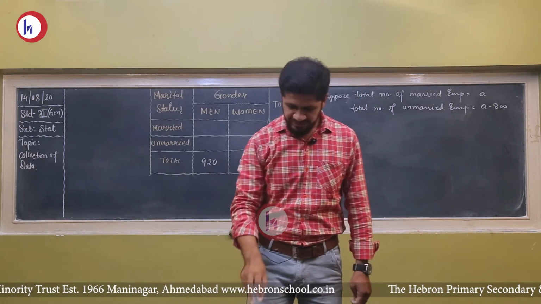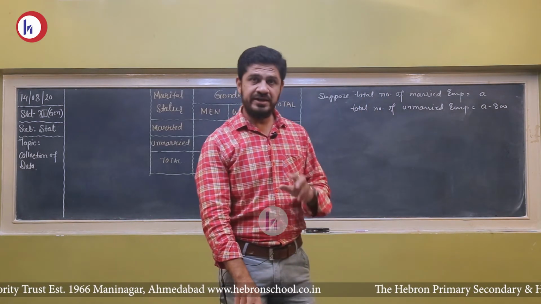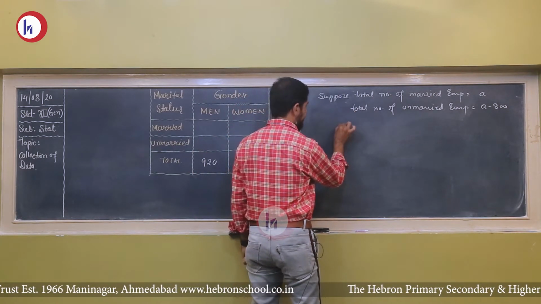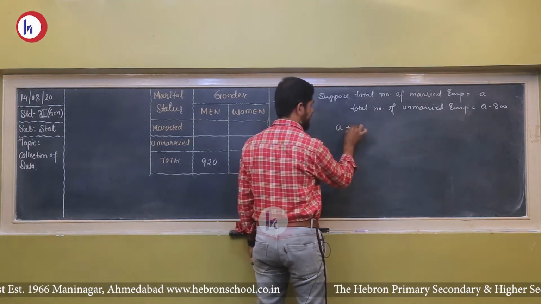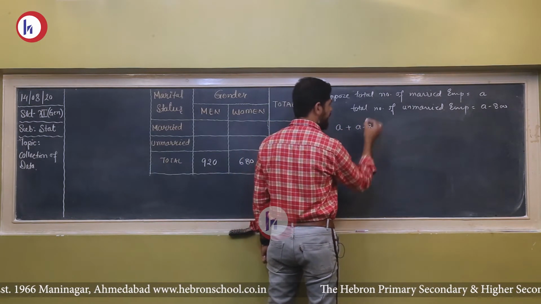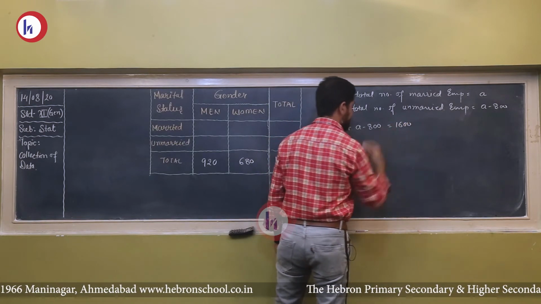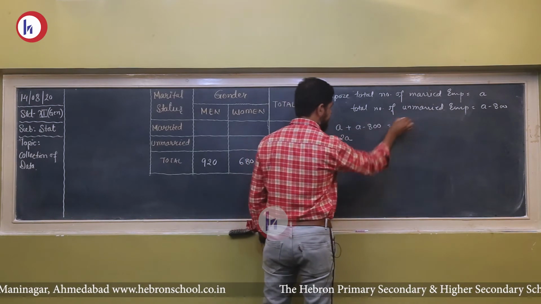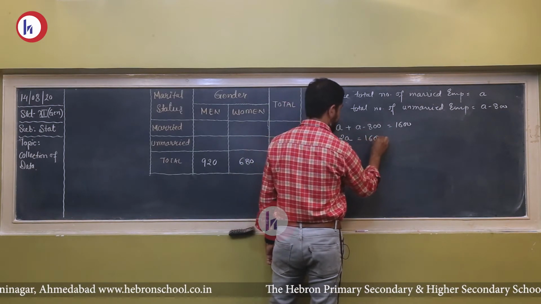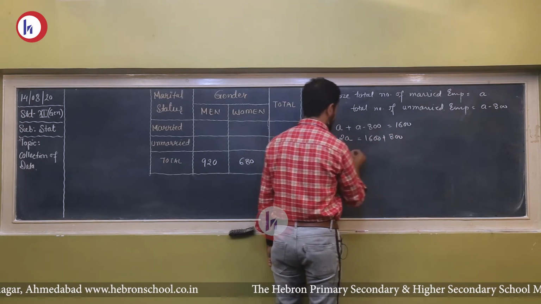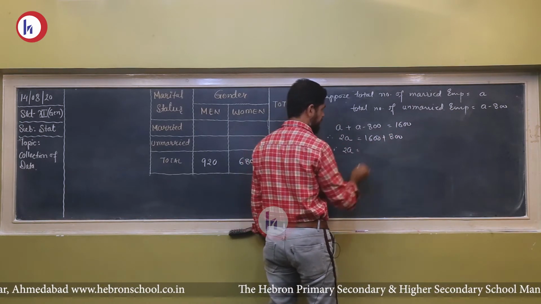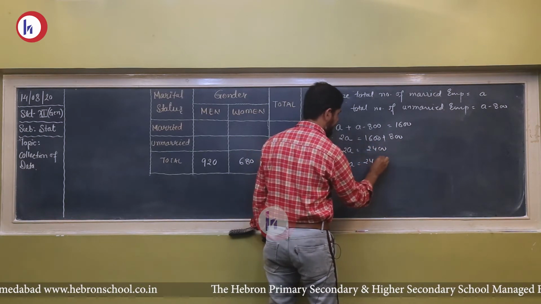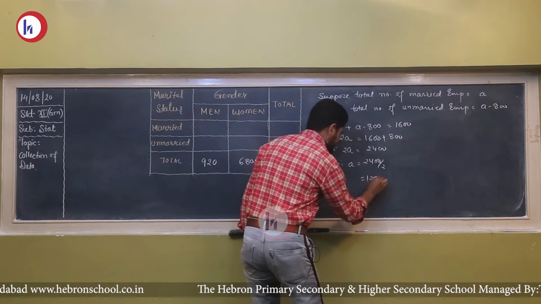It is clearly given that the number of unmarried employees is 800 less than the married employees. We know that the married employees plus unmarried employees will be 1600. Now A plus A, that is 2A, change the side of 800, so 1600 plus 800. Let's solve the equation. 2400. Finally A is equal to 2400 divided by 2, which is 1200.